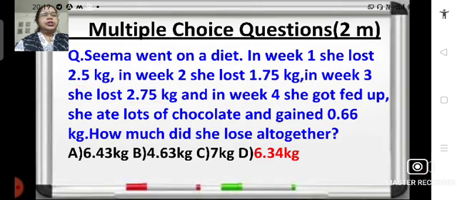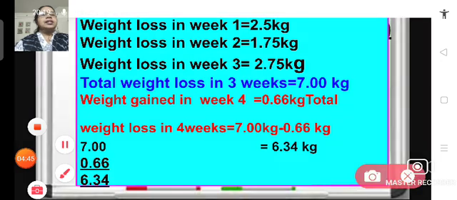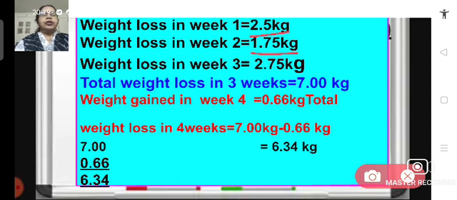So, let's see how we solve this problem. Weight lost in first week is 2.5 kilograms. In the second week, it is 1.75 kilograms. And weight lost in third week is 2.75 kilograms. So total weight loss in 3 weeks, we will add these 3 and what do we get? We get 7 kg.